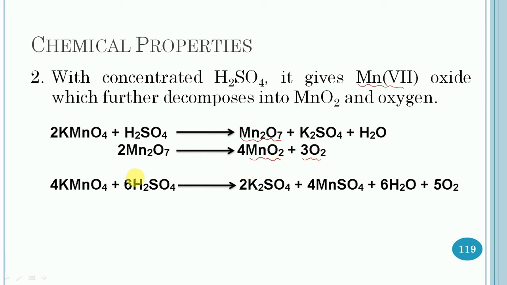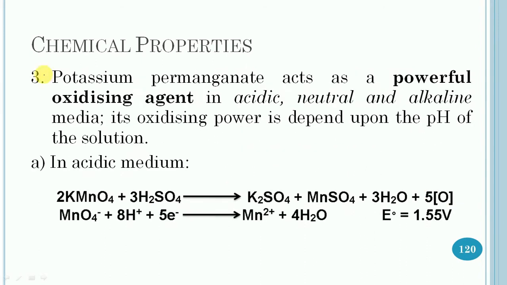When potassium permanganate is warmed gently with concentrated sulfuric acid, it will change into potassium sulfate and manganese sulfate with the evolution of oxygen gas.